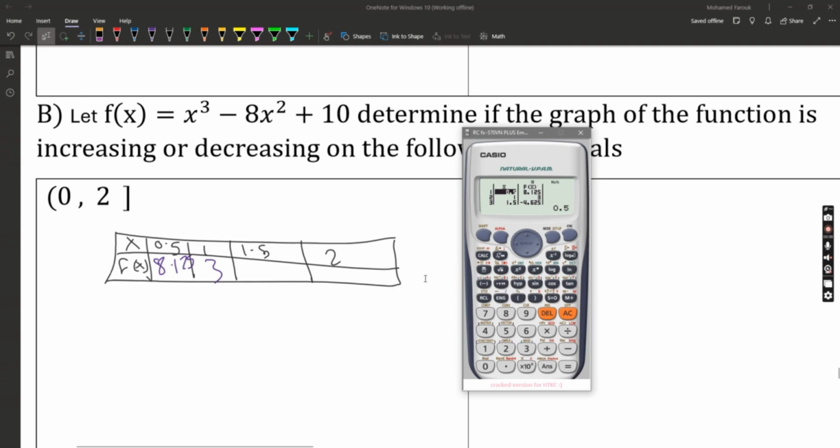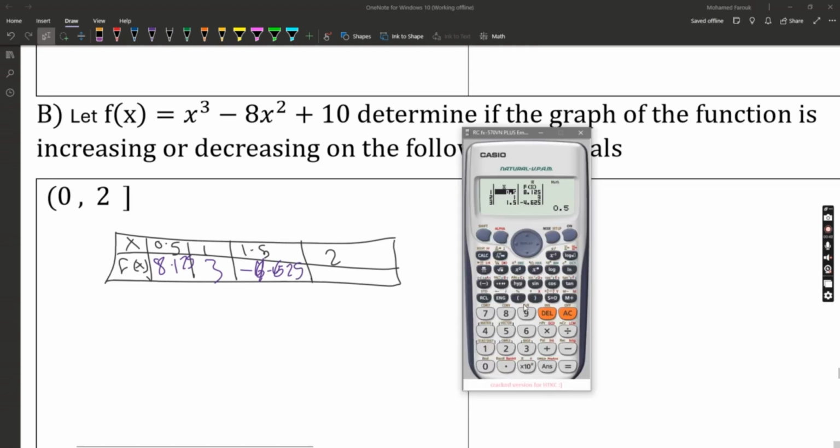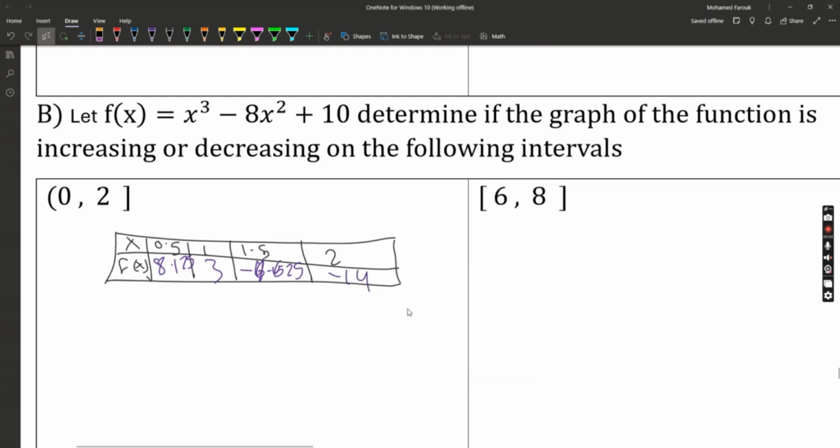It's 8.125, then 3, then negative 4.625, and then negative 14. What do we notice here? It's getting smaller and smaller, so it's decreasing.